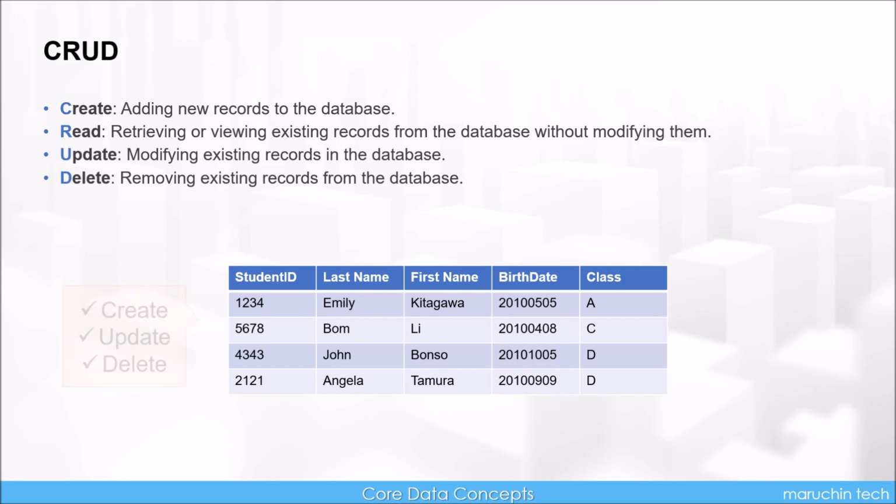Within CRUD, create, update, and delete make changes to the database itself. A read, on the other hand, does not modify the database, but retrieves data from the database. Therefore, when considering the performance impact on the database, it is necessary to separate the write operations from the read operations.